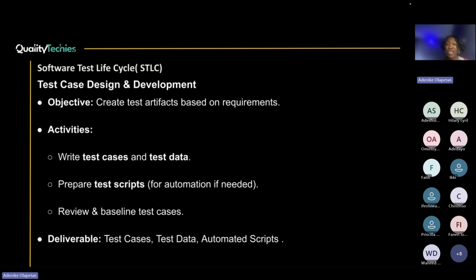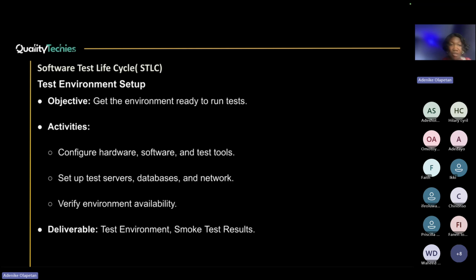The first thing is to take all those things that are specified there and break it down into tiny bits and create each scenario for that. So after that, you can now start to apply your testing techniques like boundary value, equivalence partition, edge case scenarios, and all that. So your deliverable for test case design and development is your test case, your test data, and your automated script. So the next one is test environment setup.